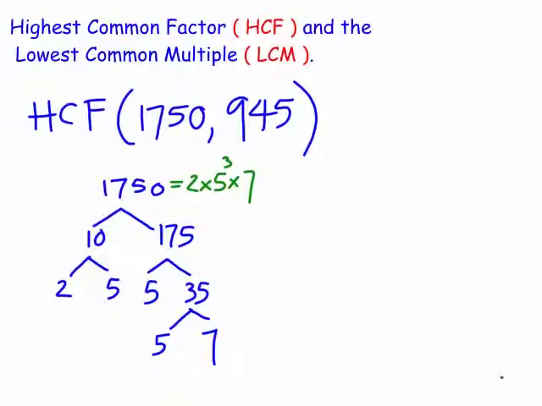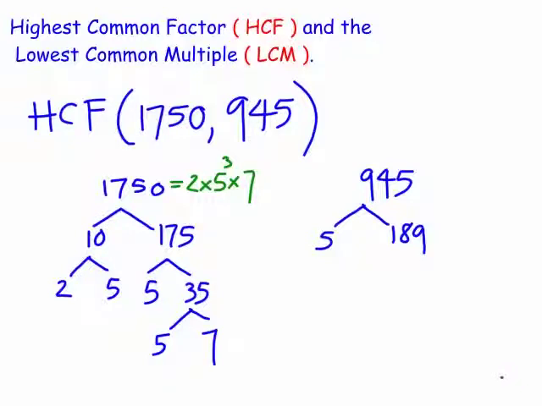Let's have a look at the other one, 945. Well, we see it ends in 5, so we can straight away go, okay, 5, and then we divide that into, I think it's 189. Now, with 189, what number goes into 189? If you look at your divisibility tables, if I add the digits, they add to 18, and that is divisible by 9.